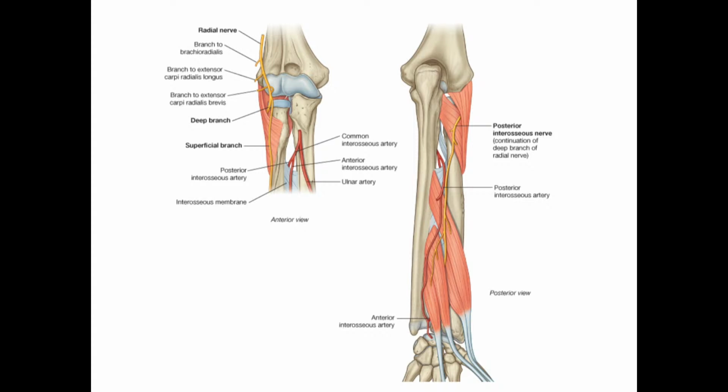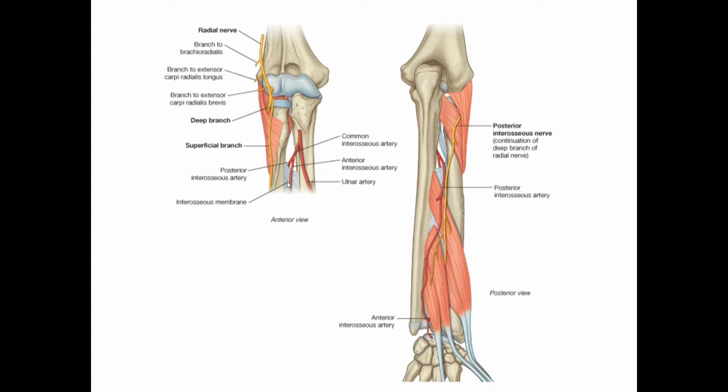To see the posterior part, once again, let's see the anterior part. So this is the elbow, and here should be the ulnar artery, and the continuation of that will be the ulnar artery. And we have the first branch, which is the common interosseous artery, branching into the posterior interosseous and anterior interosseous.